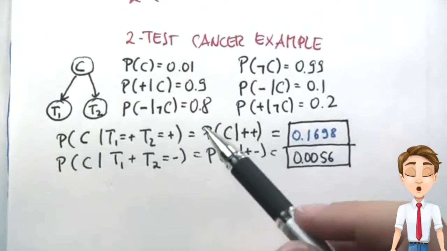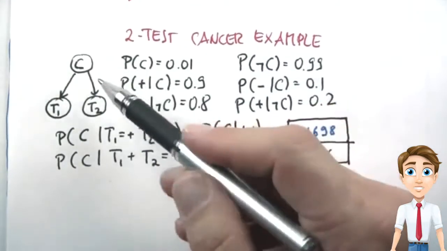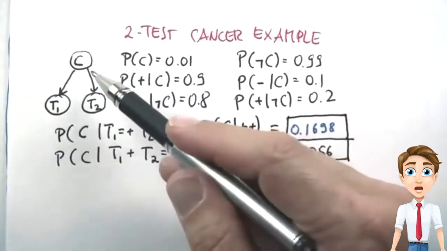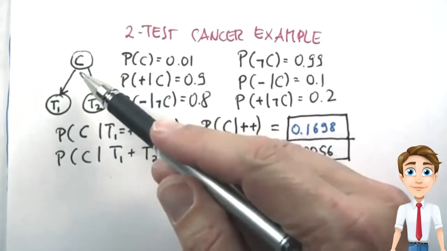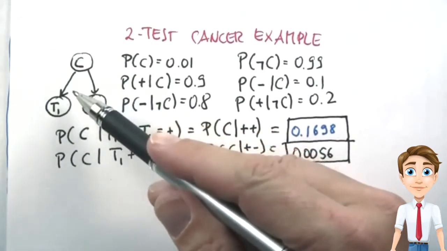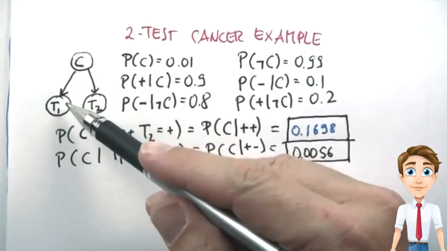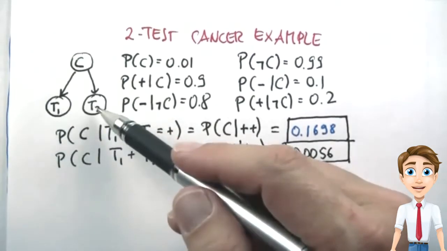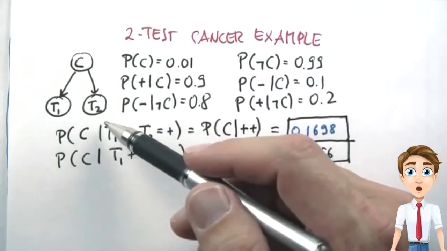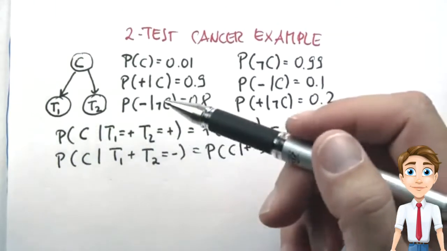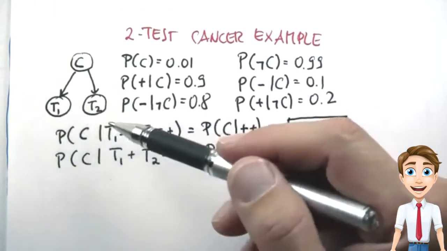I want to use a few words of terminology. This again is a Bayes network of which the hidden variable C causes the still stochastic test outcomes T1 and T2. And what's really important is that we assumed not just that T1 and T2 are identically distributed.